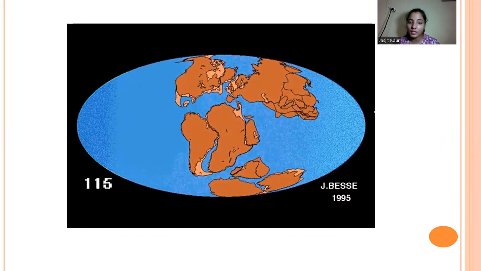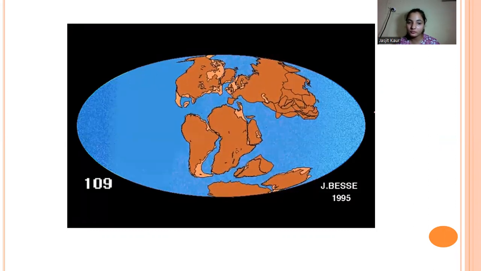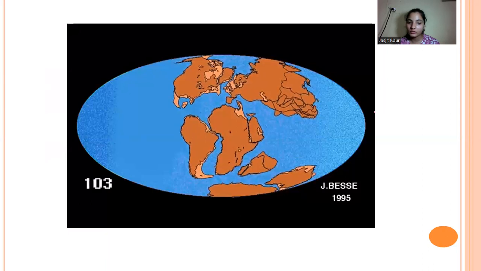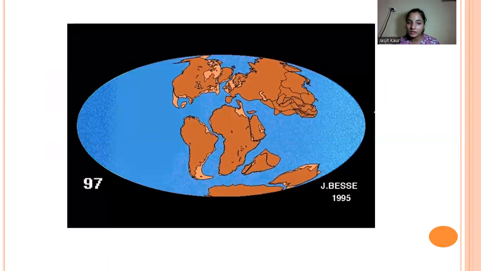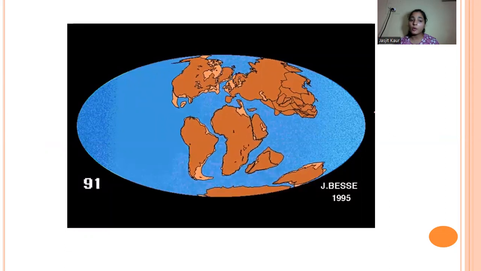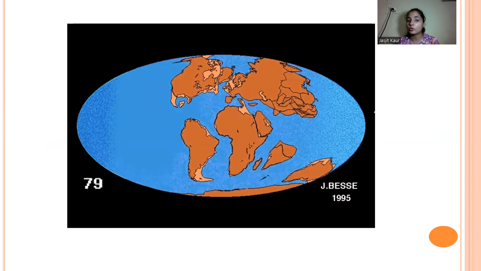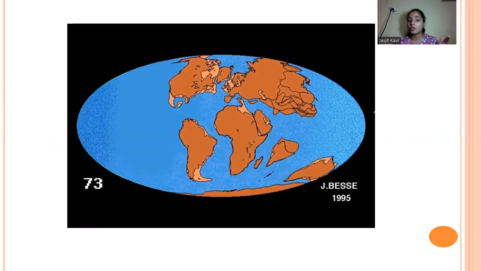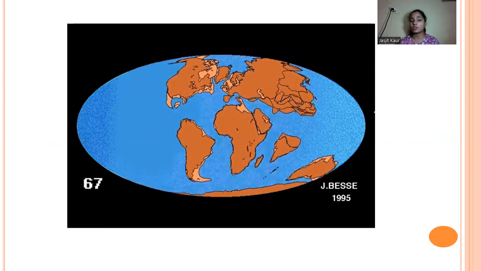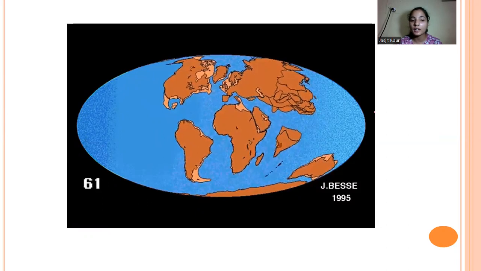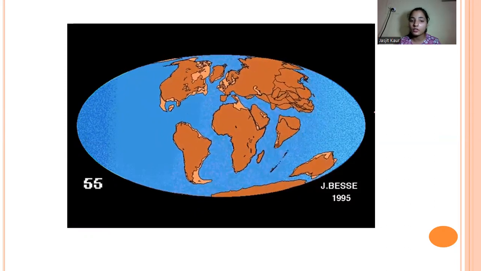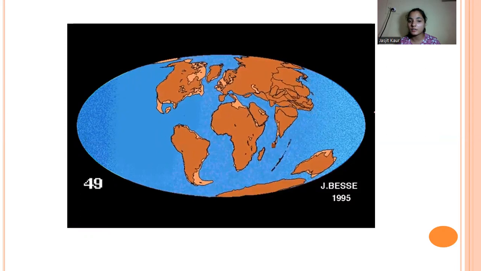Yes, observe it very carefully. Yes, so as you are observing, think also about what the reasons for this movement are, why all these continents are separating from each other. What do you think? What is the reason behind it?